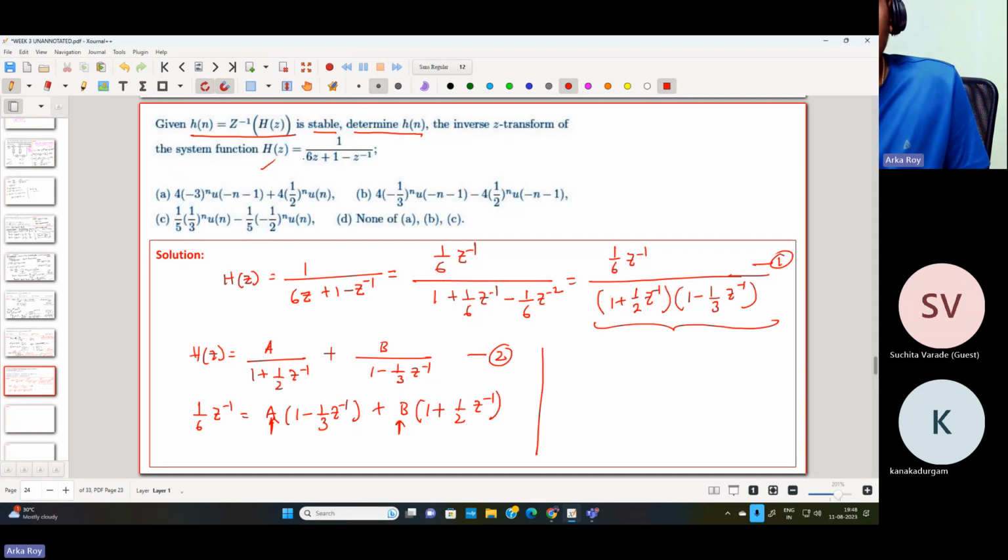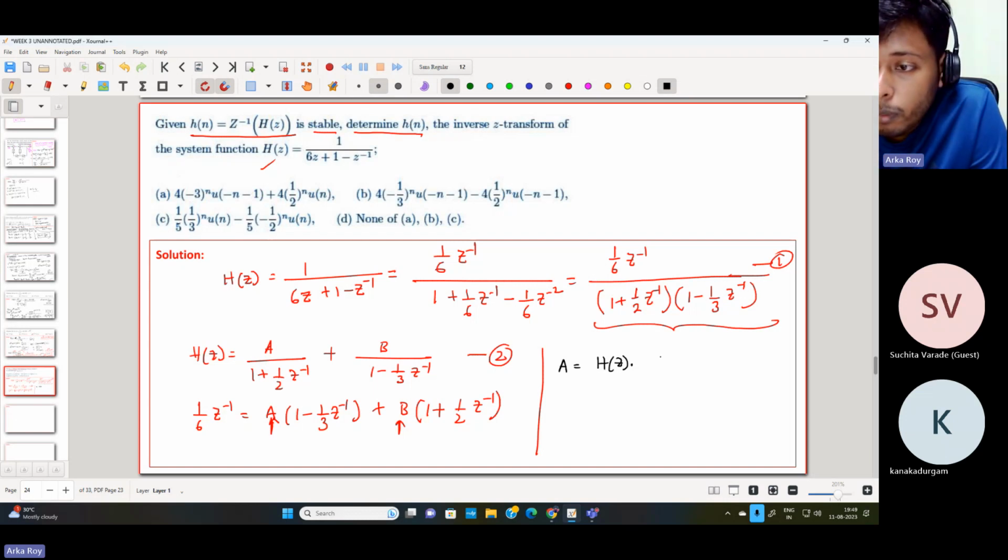So to find the value of A, it will be H(z) multiplied with the corresponding pole factor, that is, multiplied with 1 minus 1 upon 3 z inverse and evaluated at the corresponding pole location.